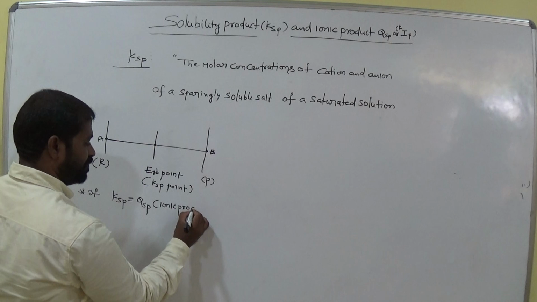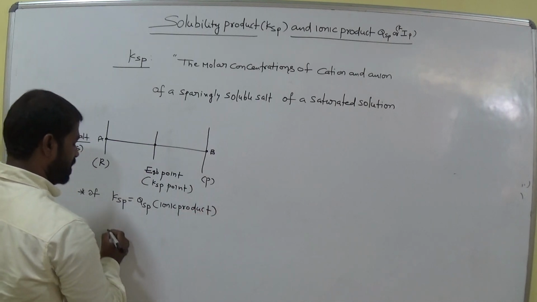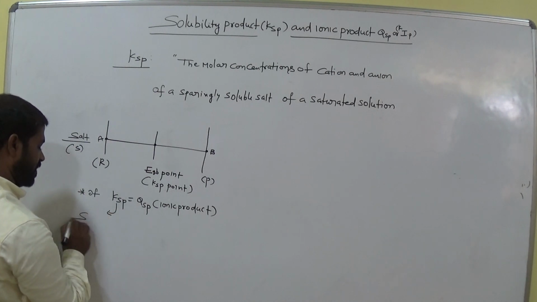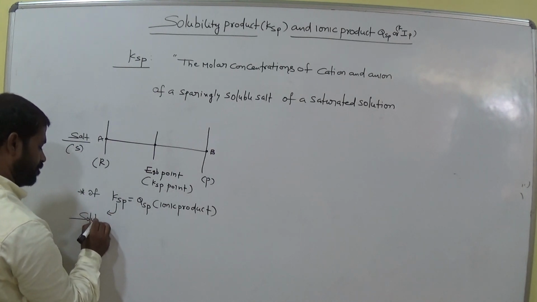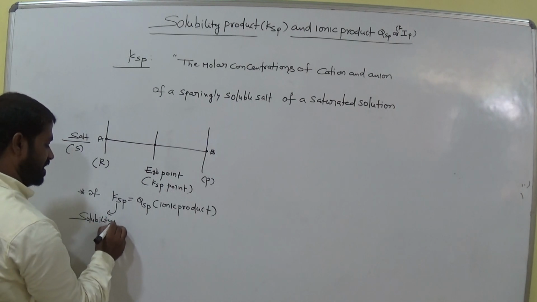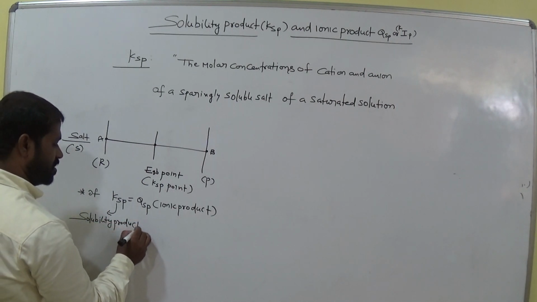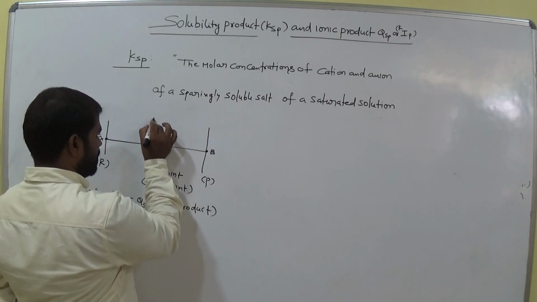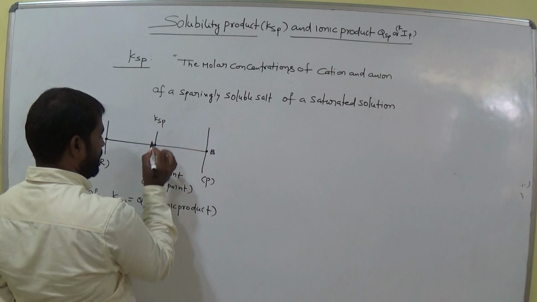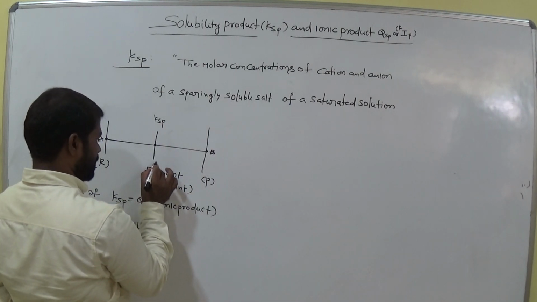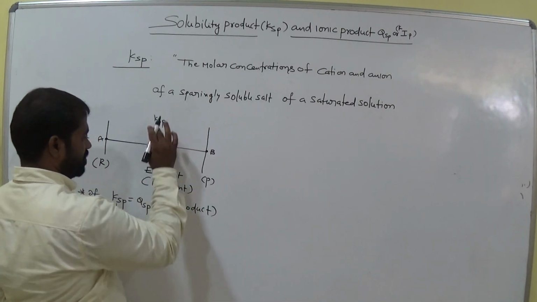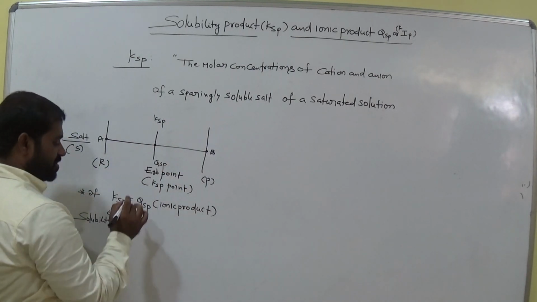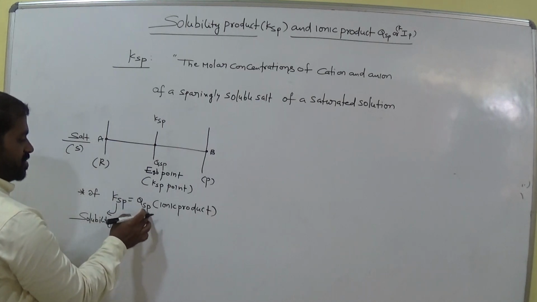Now this one is called the solubility product. Both are equal. That means KSP equals QSP. Both are at the equal point, the equilibrium condition.